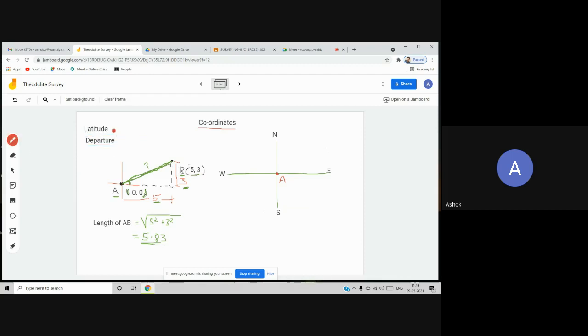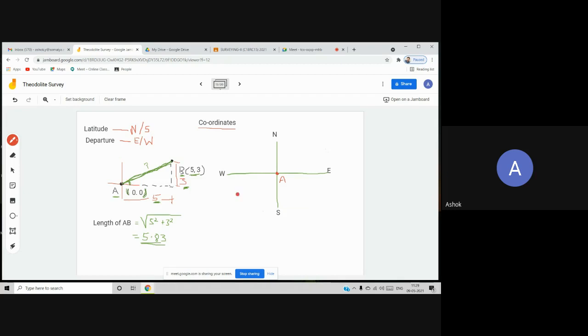Latitude means north or south. Departure means east or west.